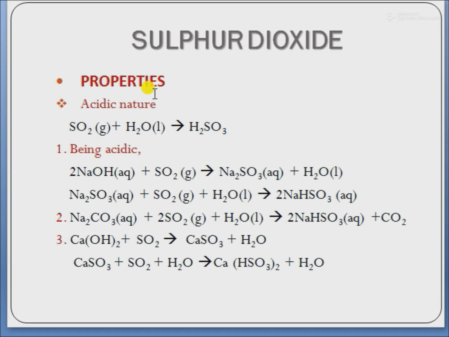First one is acidic nature. Sulfur dioxide dissolves in water to form sulfurous acid. SO2 plus water gives H2SO3. This is the sulfurous acid.